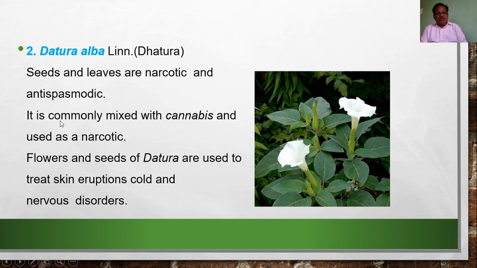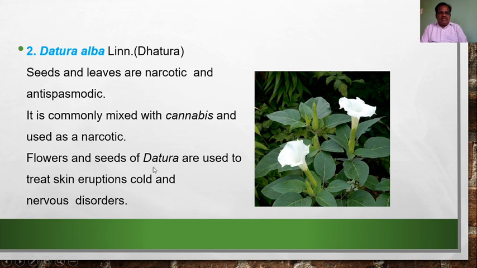So the seeds of this plant are mixed with cannabis and used as a narcotic, that is by causing fatigue, or by relaxing the mind and the nervous system. So this is known as narcotic. They affect the brain.